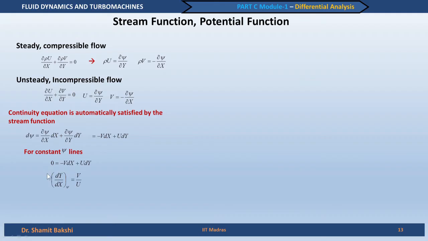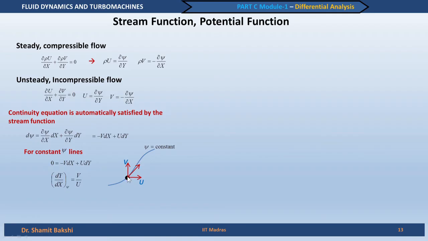What this expression tells us is that the slope of a constant psi line is equal to the ratio of the v component, that is the y component of velocity, divided by the x component of velocity. If we look at this figure, let us say this is the constant psi line and we have a velocity vector.